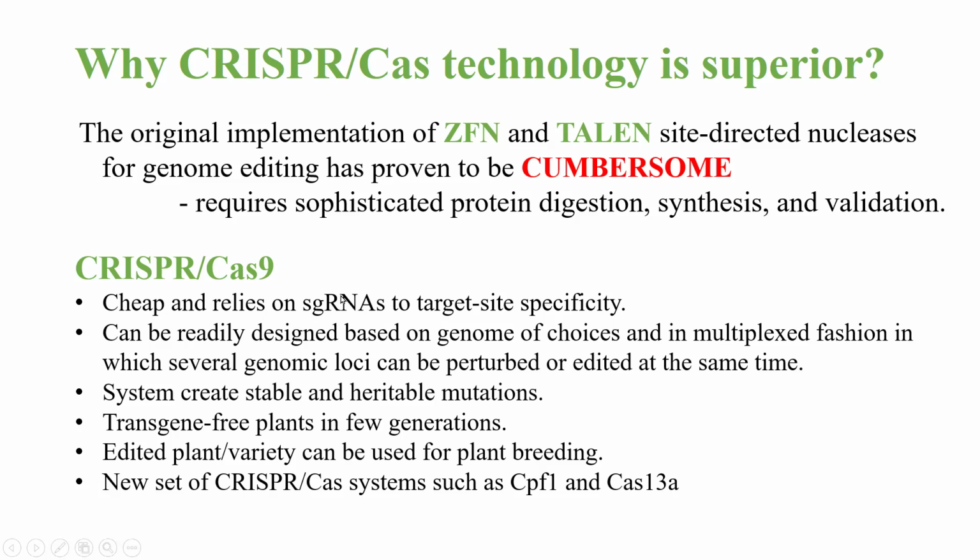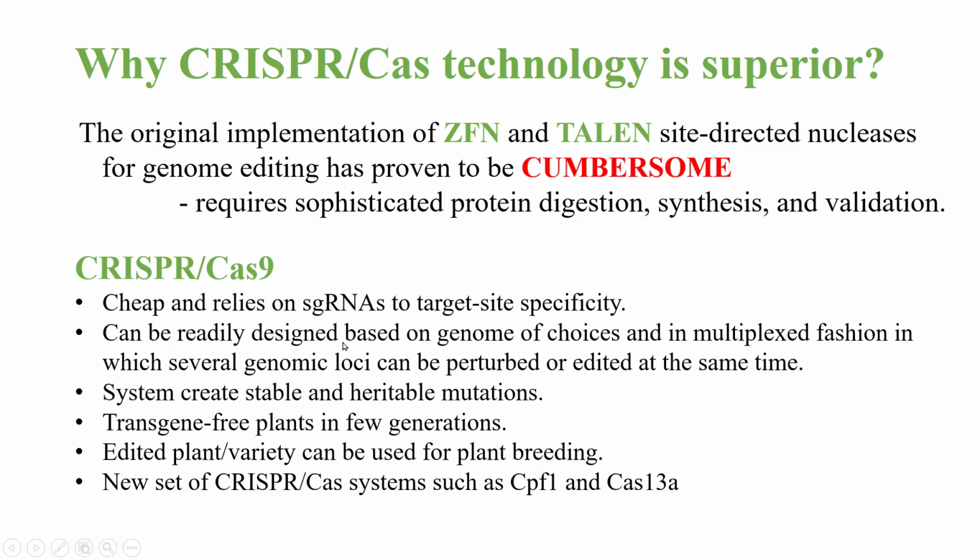Single guide RNA means you synthesize the guide RNA depending on the sequence of the gene you are targeting, to provide site specificity. Cas9 is a protein you cannot synthesize. It is naturally originated, a naturally derived technology. So this is another beauty of this technology.